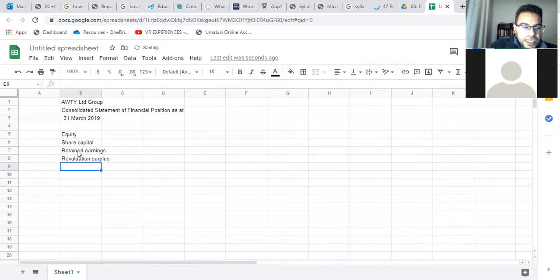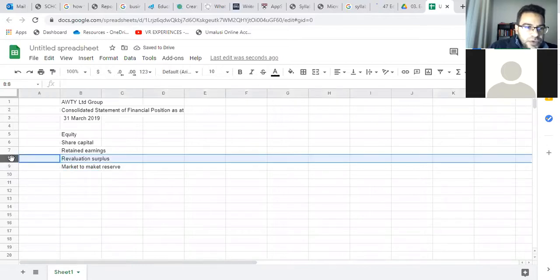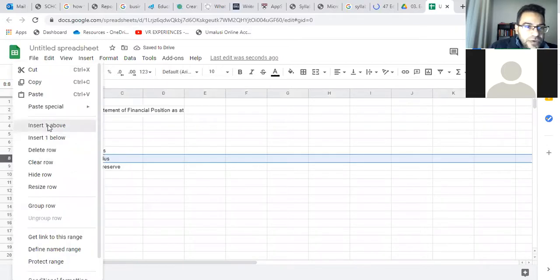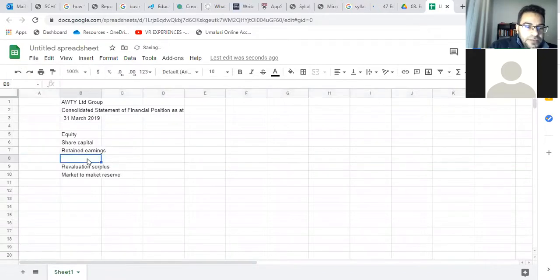It was marked to market reserve. And then in this scenario, so I'm going to put it over here because it's relevant to this scenario, it is foreign currency translation reserve.